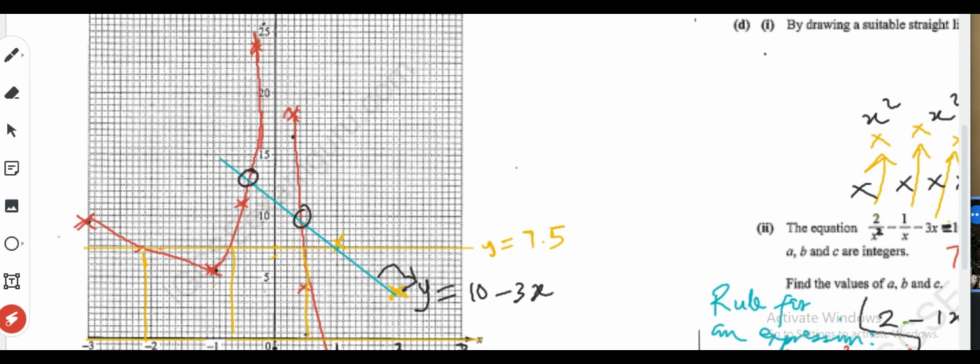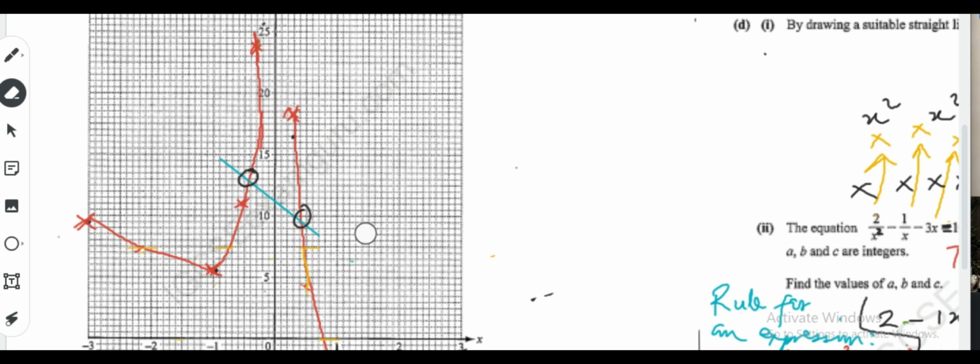So, what did the question say we should do? Let me see what the question requires us to do. We're going to review it again.